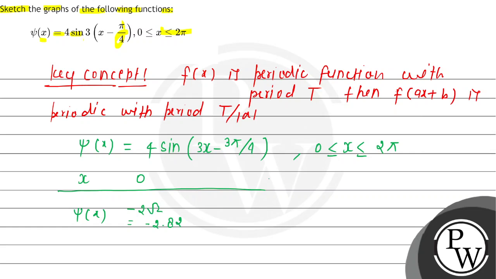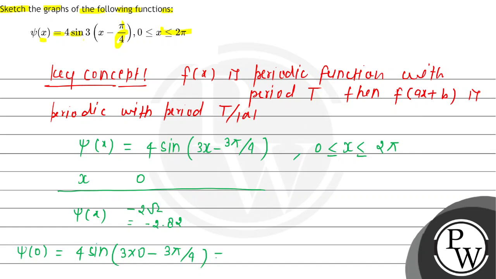So here first of all we need to understand how we have found the value minus 2 under root 2. So we'll calculate this. Suppose we have considered x is equal to 0. तो x is equal to 0 माना है मैंने, तो अब हम x equal to 0 यहाँ पर रखेंगे. psi x will be 4 sine, so 3 into 0 will be 0, minus 3 pi by 4.